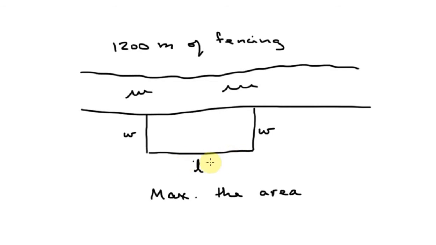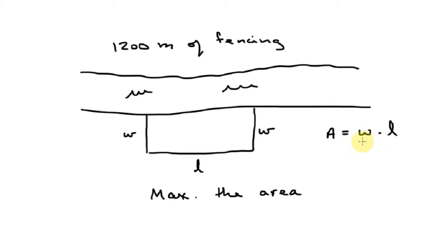So those are my variables, W and L. And so the area of this thing that we want to maximize is W times L. Okay? So what I've done here is use a sketch to show what the problem is, but you notice I went over here and created an area function that we wish to maximize.